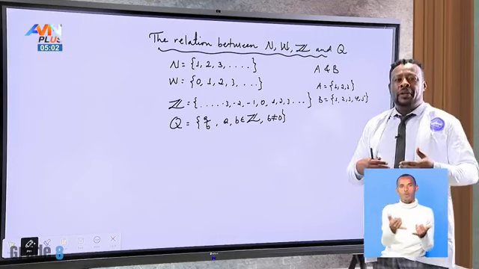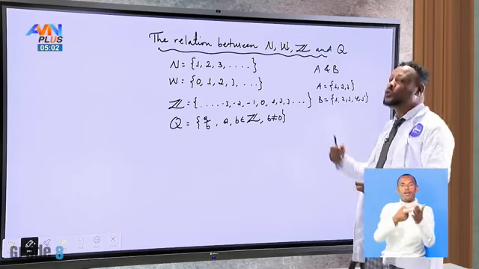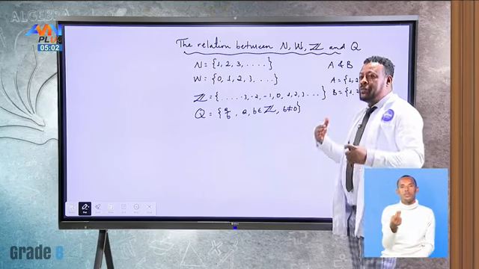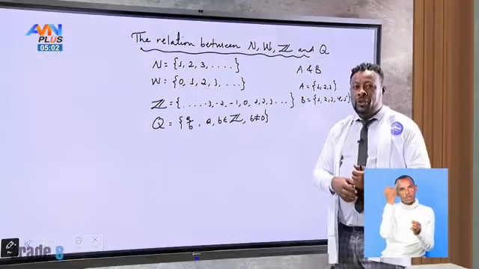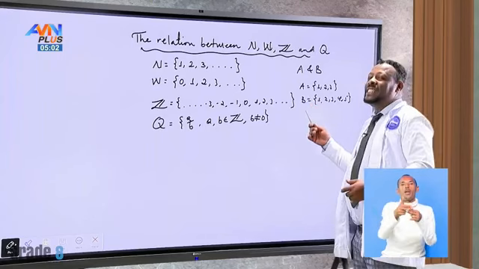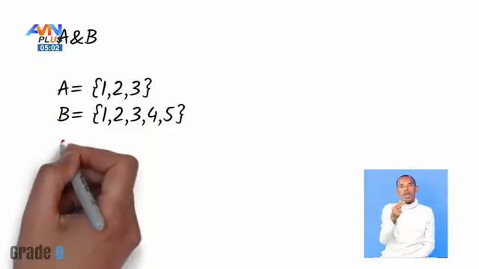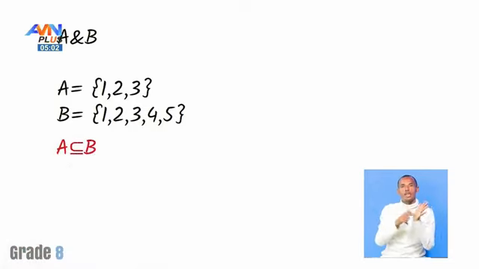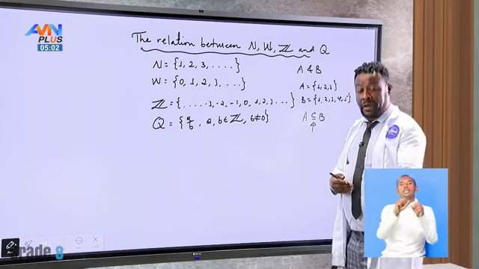Now, can you tell me what a subset means in terms of these two sets? If you apply the concept of subset by considering these two, A is called the subset of B, and it is usually denoted by A is the subset of B. This symbol is the symbol that we use to represent a subset, right?